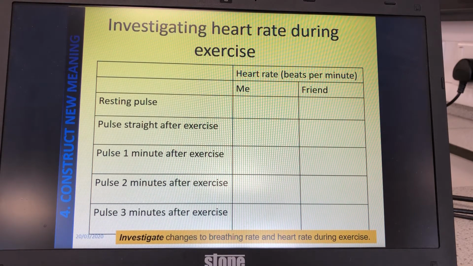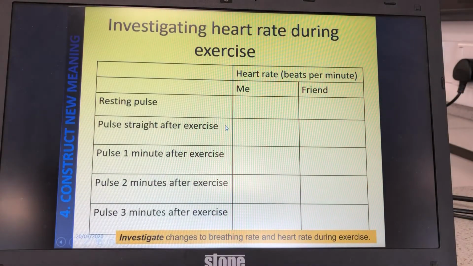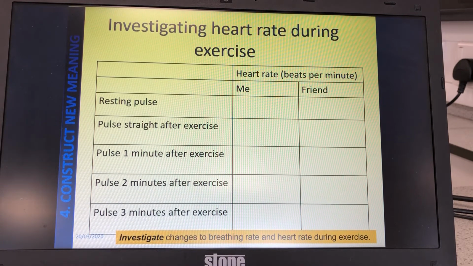And stop, double it. Okay, we're going to count in again shortly. 10 seconds time.